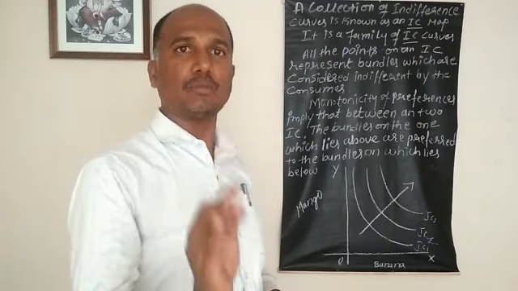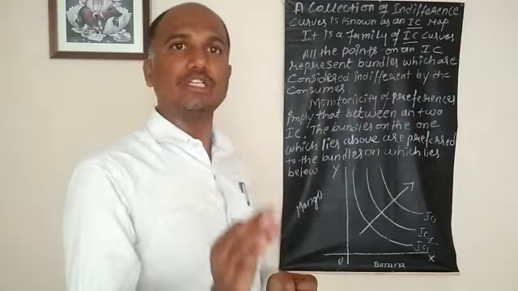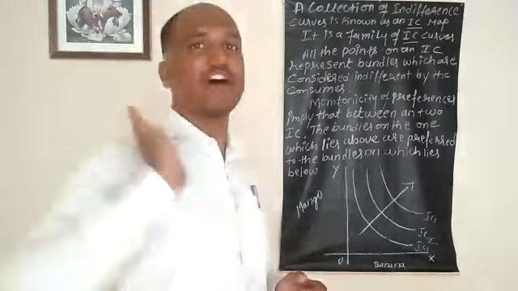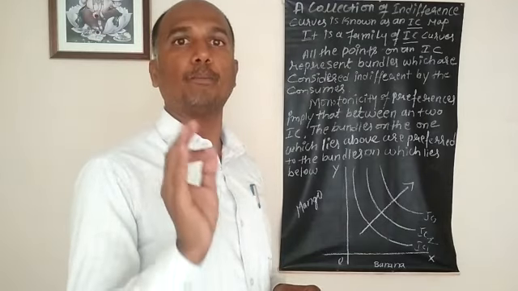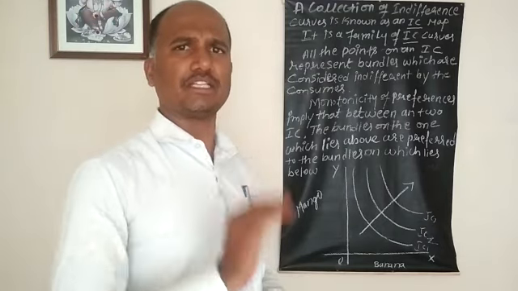A rational consumer always purchases the goods and services which give more satisfaction; this is called monotonic preference. Remaining information we will discuss in the next class.